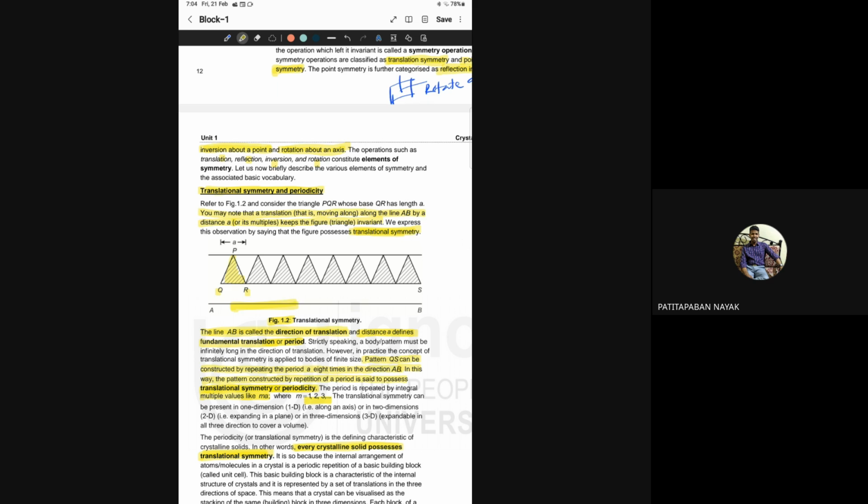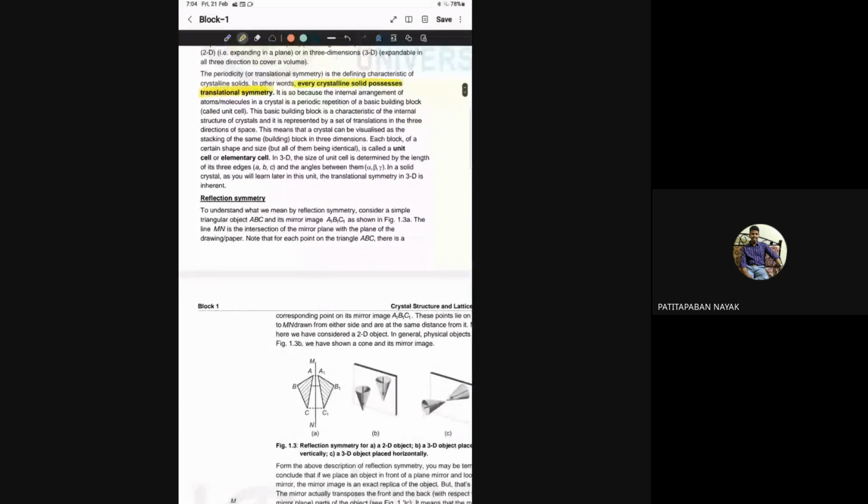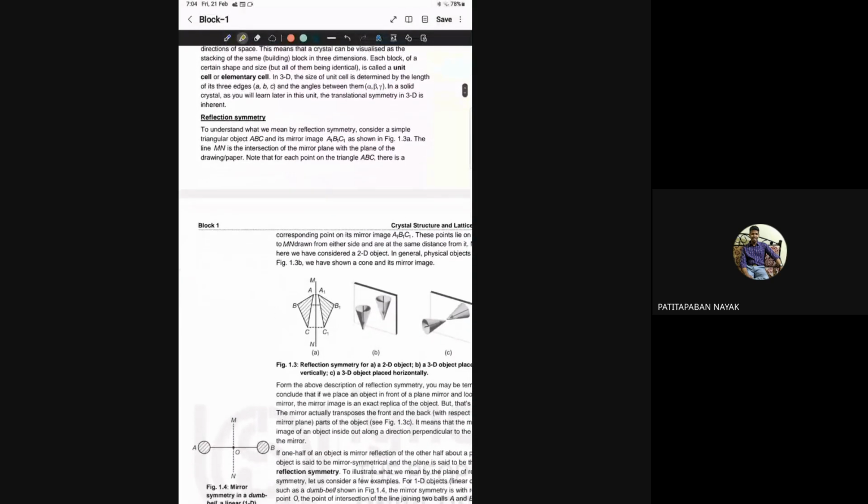Okay, I'll take a break for a couple of minutes, maybe 5 minutes. Take a sip of water, and then I'll come back and we'll talk about reflection symmetry.